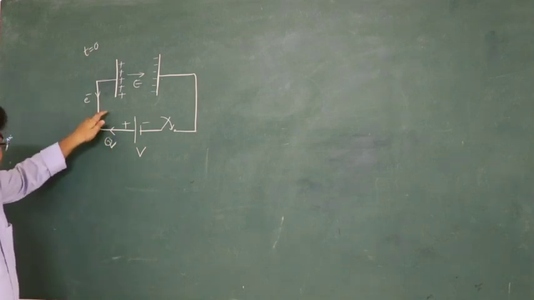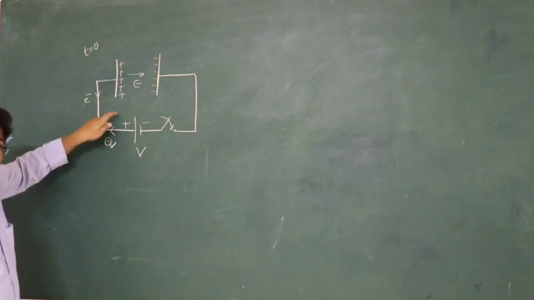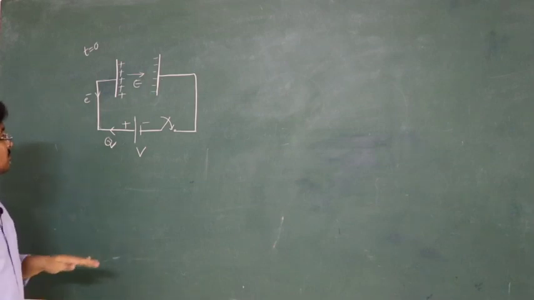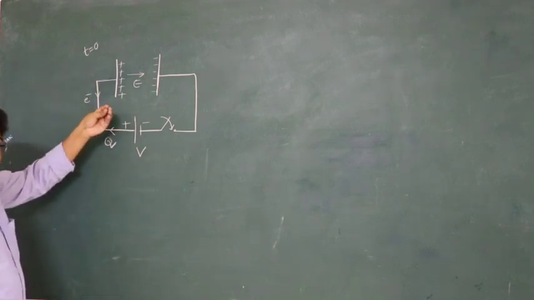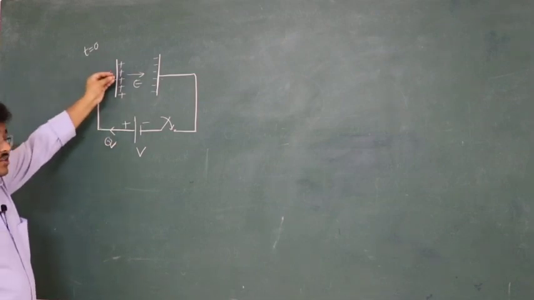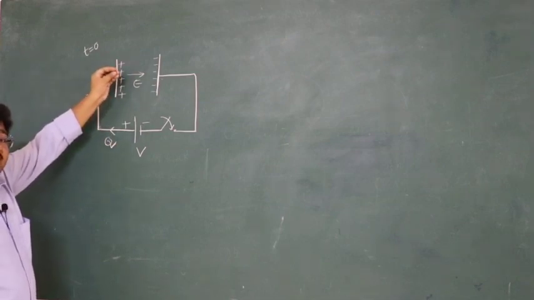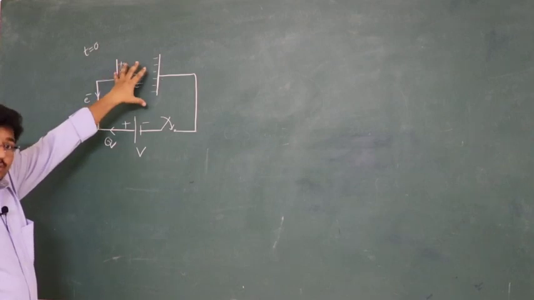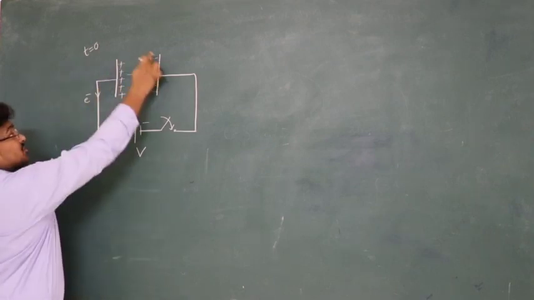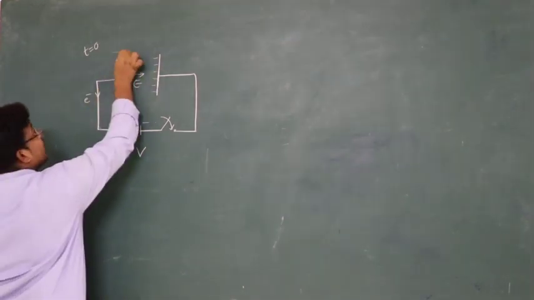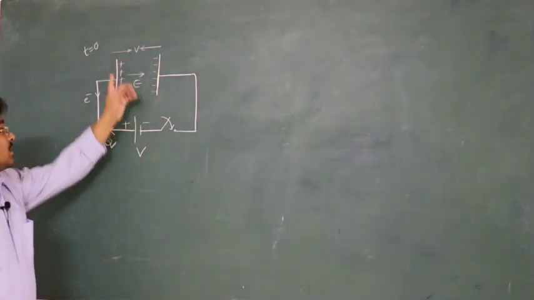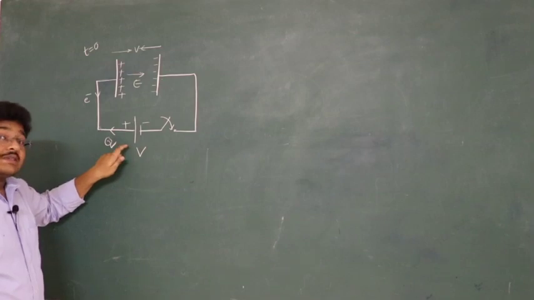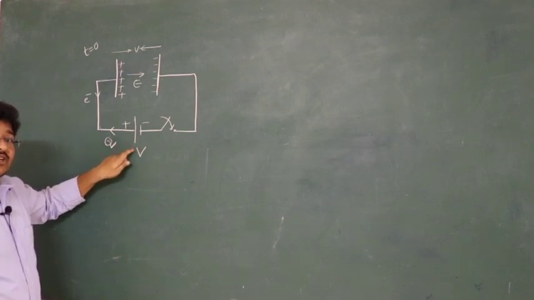Now sir, in how much time will the charging process stay? The movement of electrons will cause the accumulation of charge on the plates. This will continue until the potential difference between the plates is equal to the battery potential, meaning cell potential.